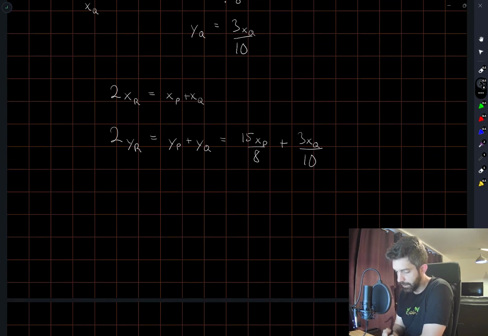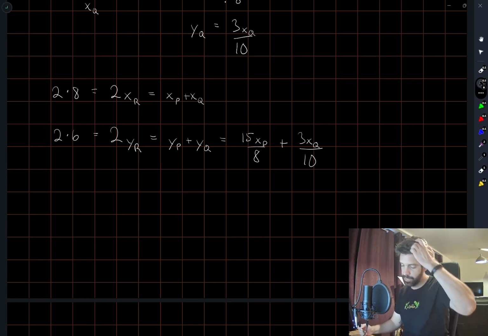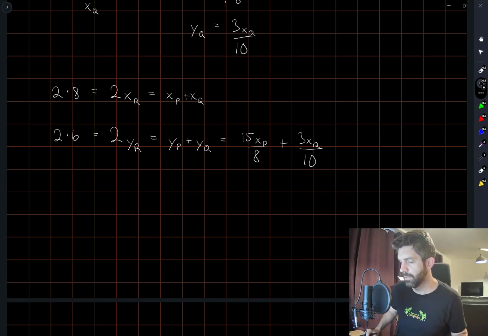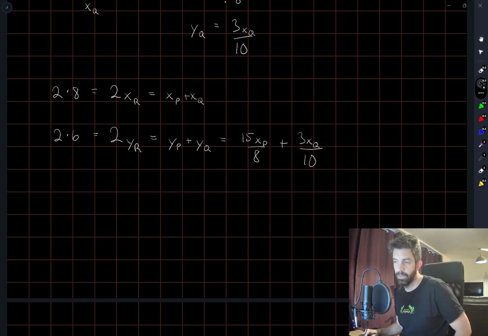And I'm also given xr and yr, right? So 2xr is 2 times 8, and 2yr is 2 times 6. Okay, so now I have two equations and two unknowns. My unknowns are xp and xq. I'm just going to go ahead and solve them, and then compute the quantity that I'm asked for, which is the length of PQ.